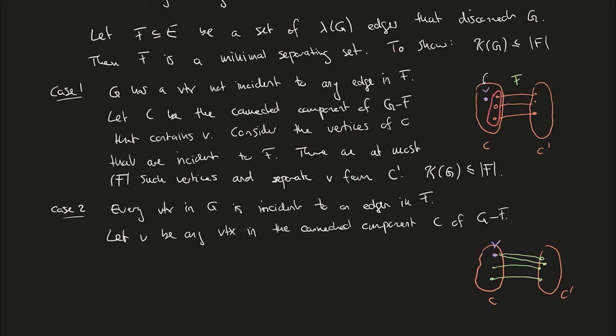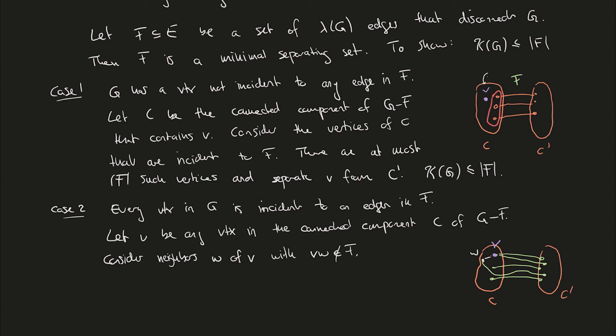We now look at the neighbors of V that are not part of an edge in F. So for example, we might have some vertex W that's also in C, which is a neighbor of V, but the edge VW is not in F. So consider neighbors W of V with the edge VW not being an element of F. However, by assumption, every vertex in G is incident to an edge in F. So actually, this W is the endpoint of another edge that's in F, which I'll draw like so.